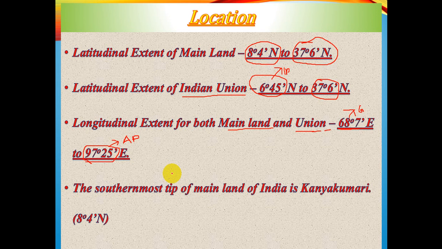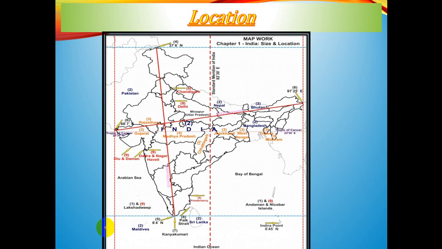Now next, the southern tip of the mainland of India is Kanyakumari, as I mentioned, that is 8 degrees 4 minutes north. Next, it is related to the next fact of the location. Now I'm explaining it with the help of the map. First I'm going to point out the southern tip of the Indian mainland.